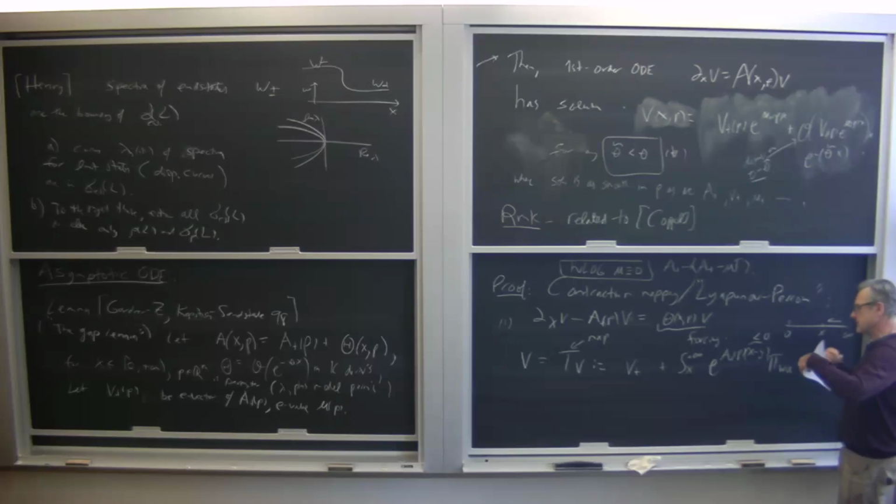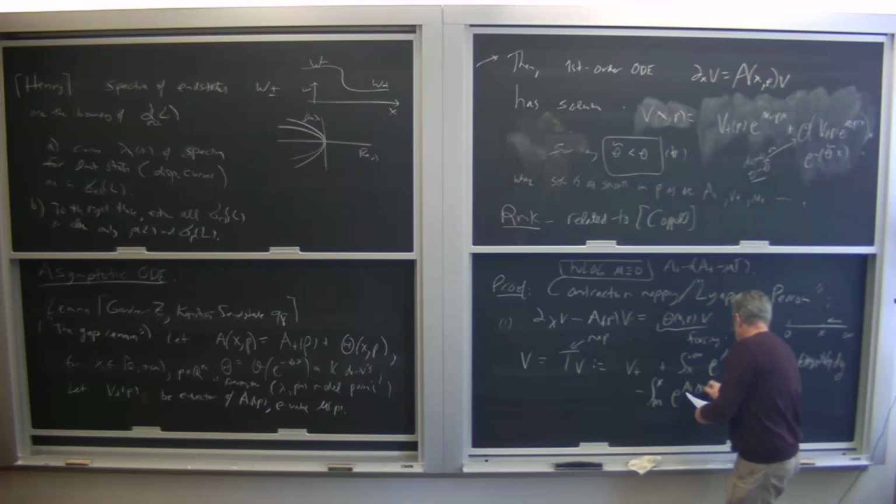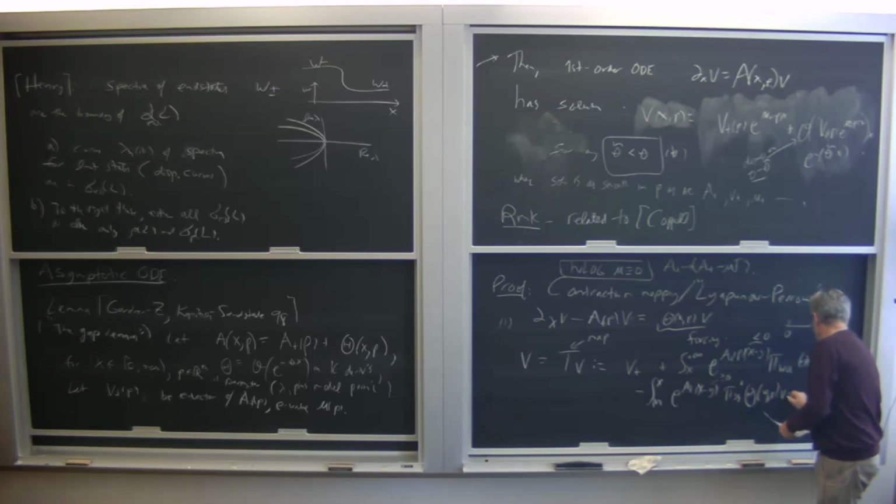This is the projection onto the weakly unstable eigenspace times theta of y p v of y dy. And then I subtract the integral from m to x of e to the A plus x minus y. And this is now greater than or equal to 0. Pi strongly stable, theta of y p, v of y, dy.